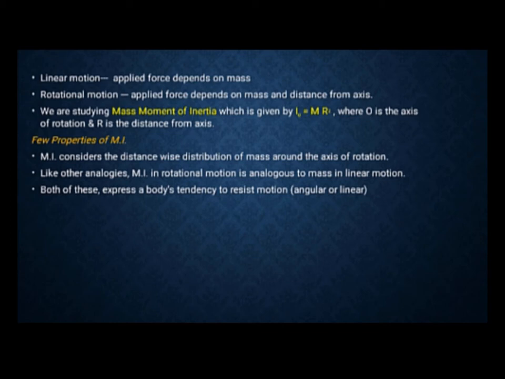In translational or linear motion, the force depends on mass. But in rotational motion, we have to consider mass as well as its distance from the axis. We are studying mass moment of inertia, which is given by I0 = mr², where O is the axis of rotation and r is the distance from the axis.